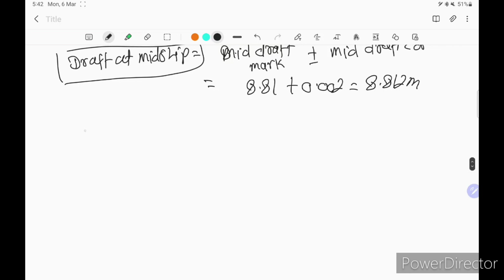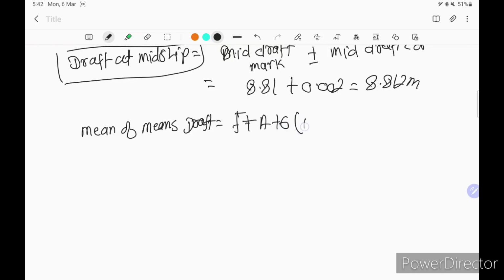Let's move to the next step, which is mean draft. The formula is forward plus aft plus 6 midship, divided by 8. Put the value in the formula.